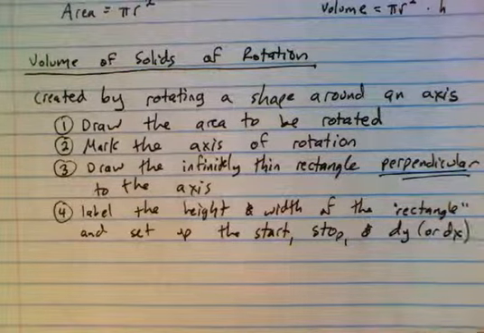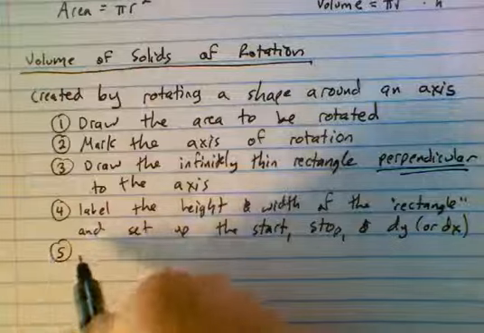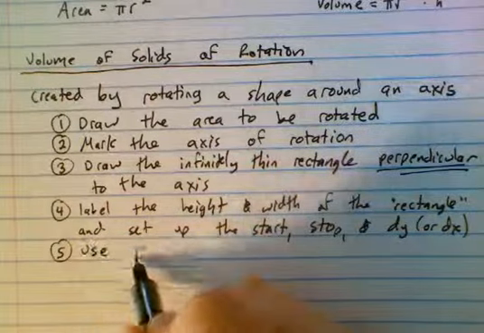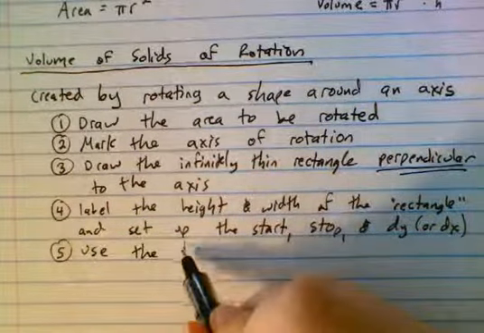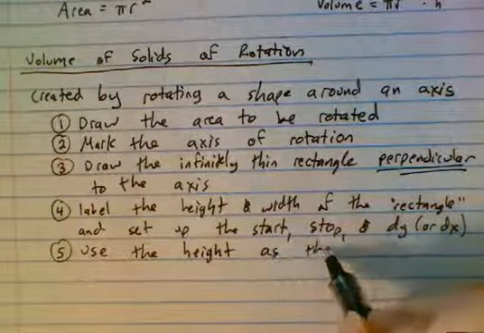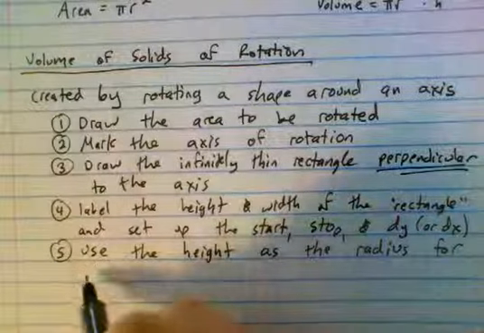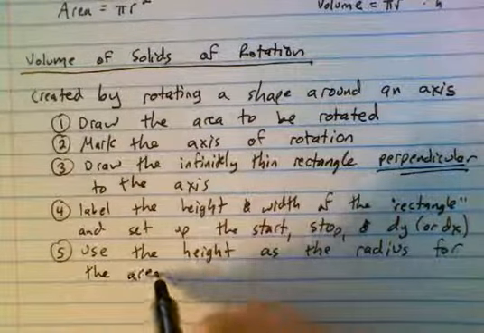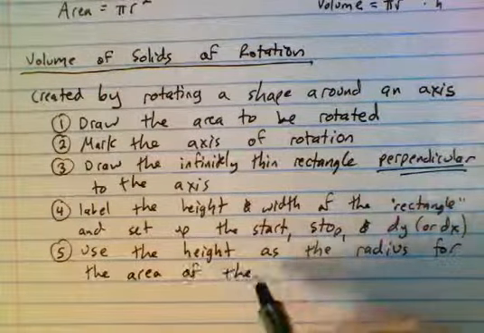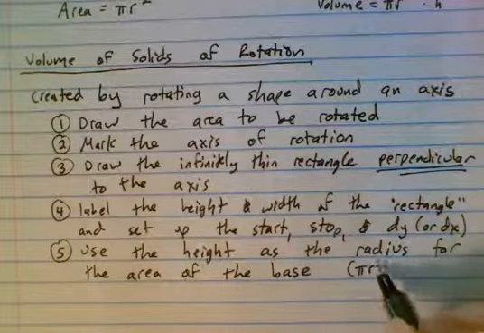We'll set up our start, stop, and dy, dx. And then finally, we'll use the little height as the radius for the area of the base. And for this one, the area of the base is always going to be pi r squared.